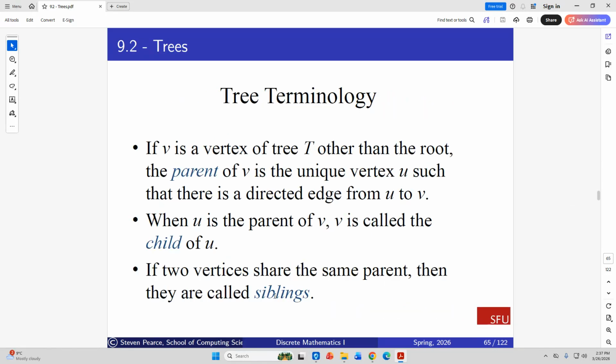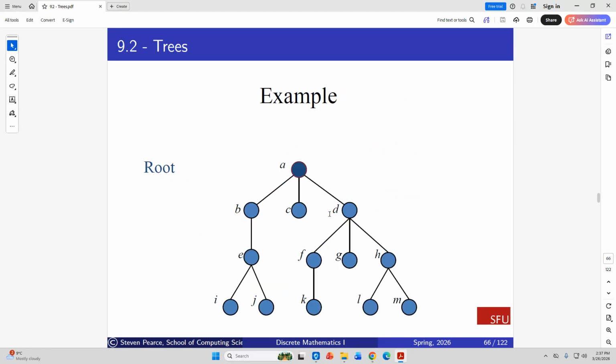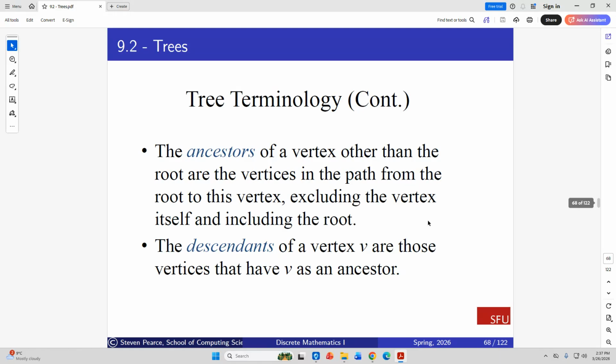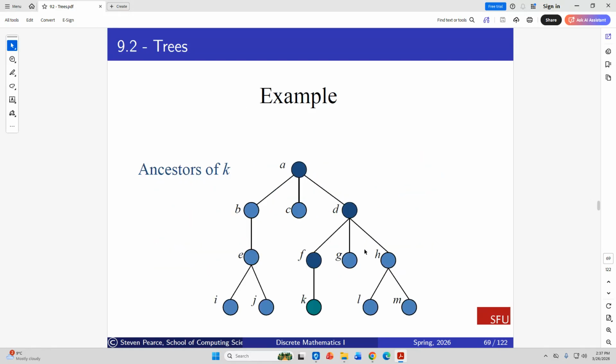Review of rooted tree terminology. We've already done this: parent, child, sibling. Here's a root, and those are the siblings. Ancestors of K are these.